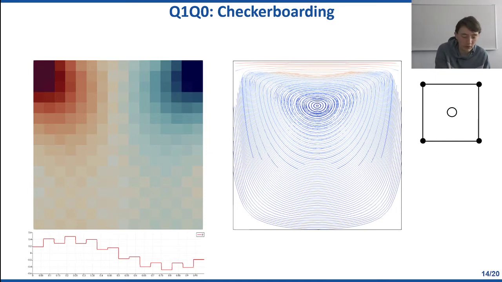That's also something that you can see in the pressure solution. So this one looks already a lot better, but this is still a defect in the sense that there's no smooth transition in the pressure field. We have this up and down jagged pattern.